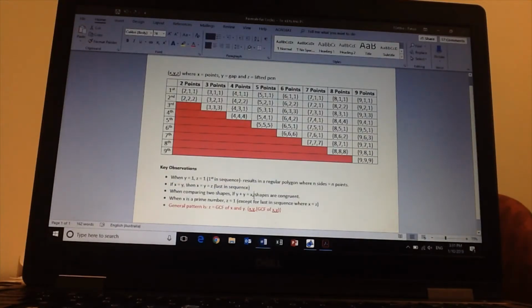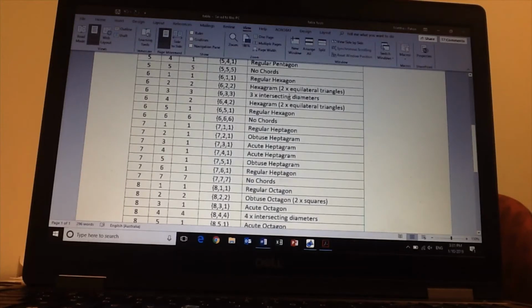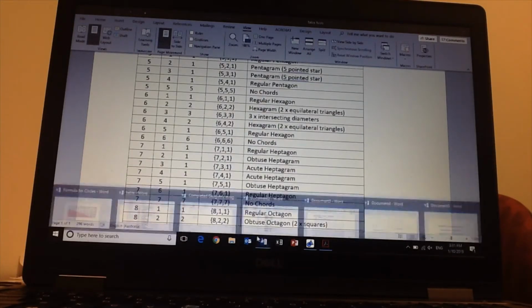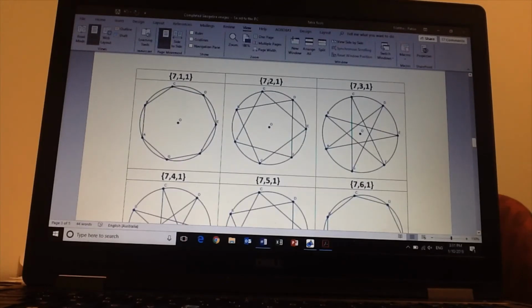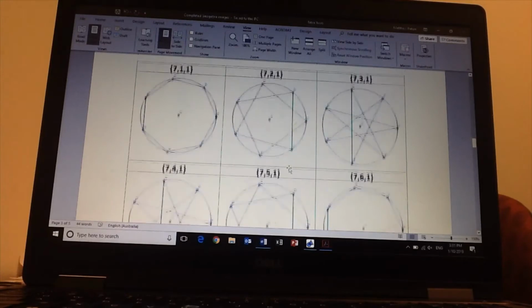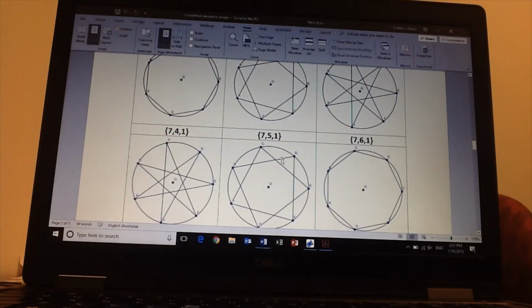That led into when I was comparing this table, where I noticed a lot of the shapes were recurring. For example, the arrangements of 721 and 751: I found that whenever the sum of the two y's equaled the x, so your 5 and 2 equal the x, which was 7, they would create the same or congruent shapes.